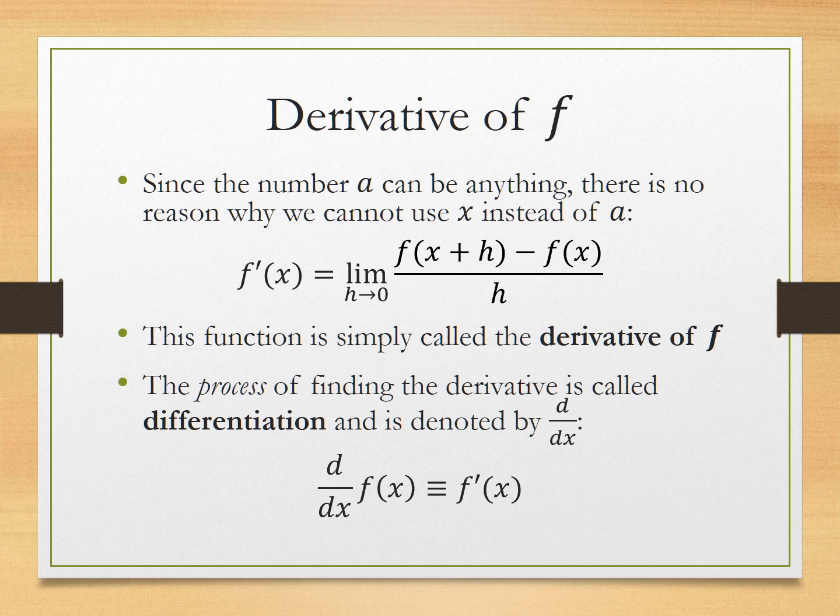In that case, it's not clear what f prime x means when you have multiple variables that you can put into the function. So when f is a function of x, y, z, you can't use the prime notation. You always have to use a d dx notation, because that's what makes it clear you are differentiating with respect to a particular variable. When that happens, you have d dx, d dy, d dz.